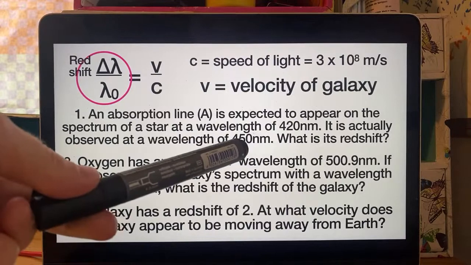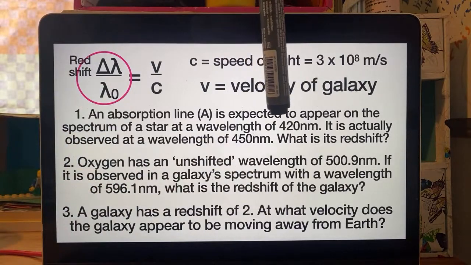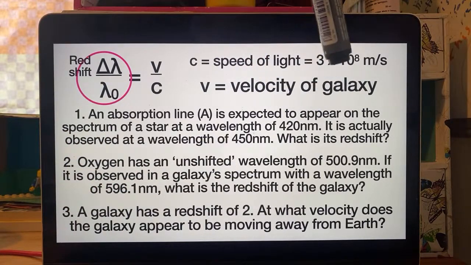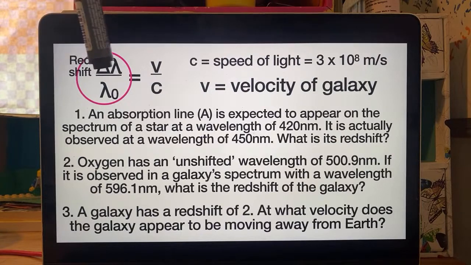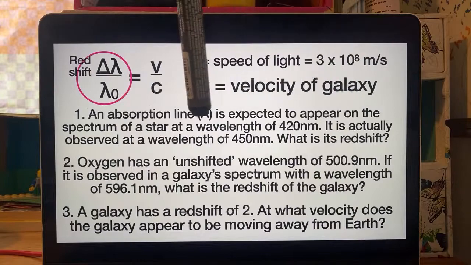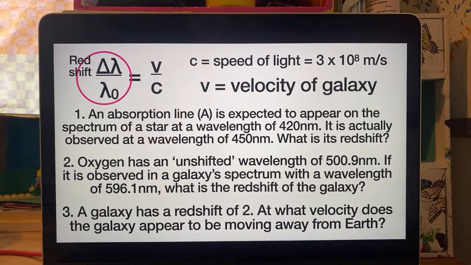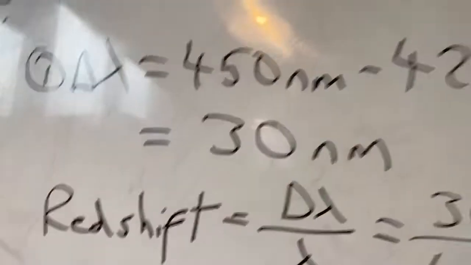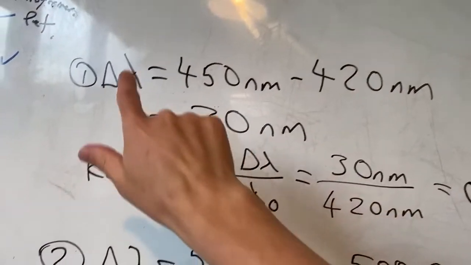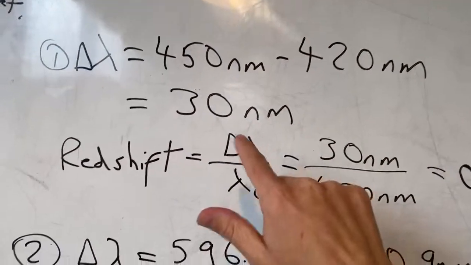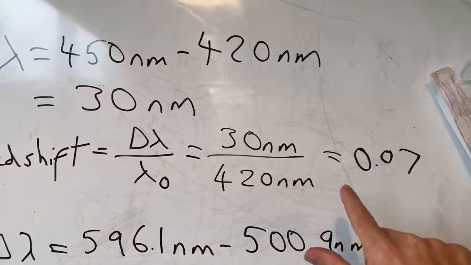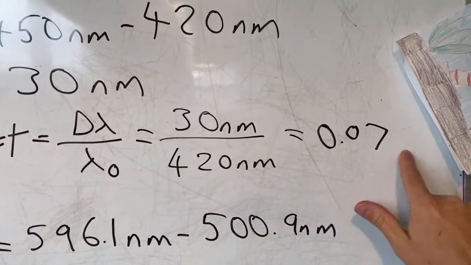So we're going to do 450 nanometers, take away 420 nanometers, which gives you 30 nanometers. And then you need to divide it by the original wavelength, the one that you're expecting. So you divide it by 420 nanometers. So 30 nanometers is your change in wavelength, and then your redshift is your change in wavelength divided by original, which I got to be 0.07. Did you remember to not put any units in?